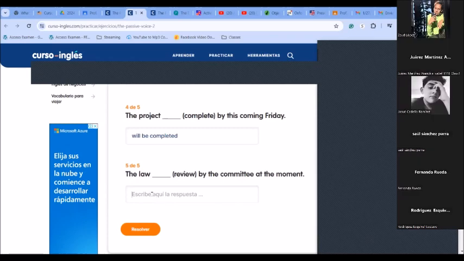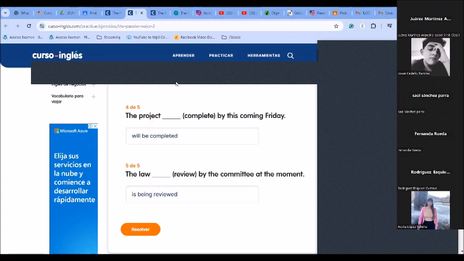So this is usually a continuous form, so "is being" is present continuous, and then we transform our verb. Practice with me. The law is being reviewed by the committee at the moment. Good. All right, let's do some more.